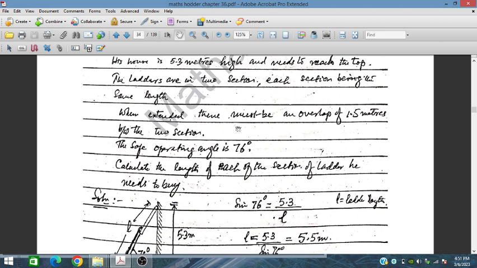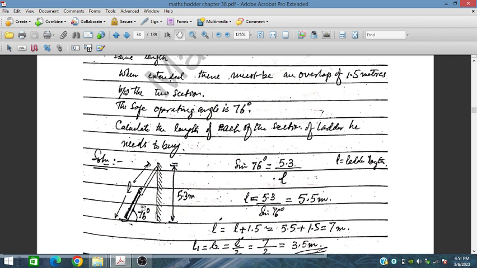When extended, there must be an overlap of 1.5 meters between the 2 sections. The safe operating angle is 76 degrees. Calculate the length of each section of the ladder he needs to buy.